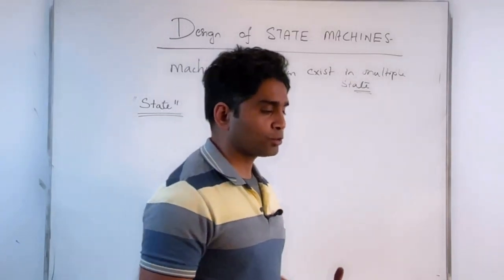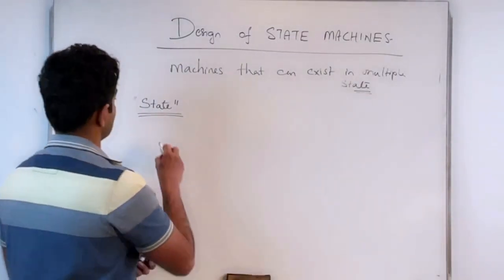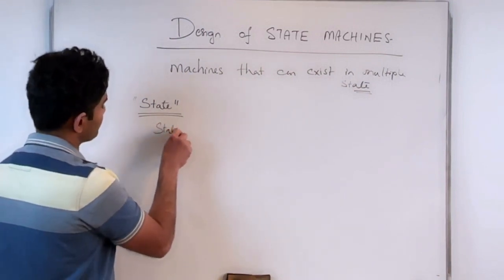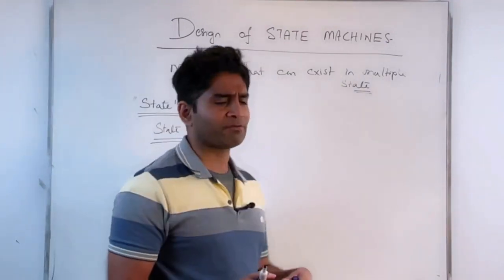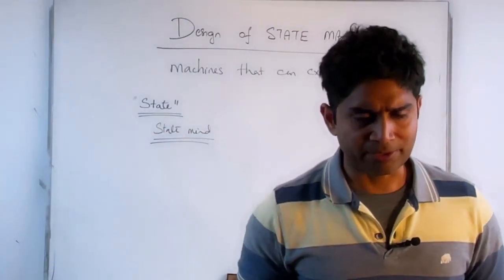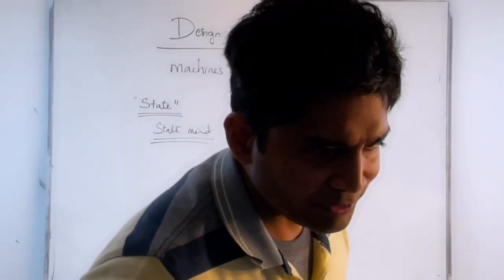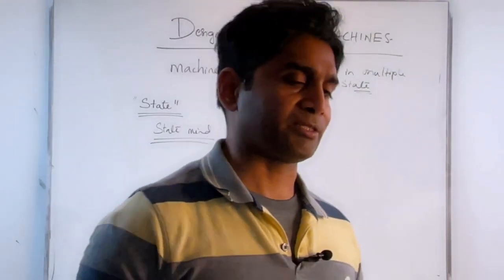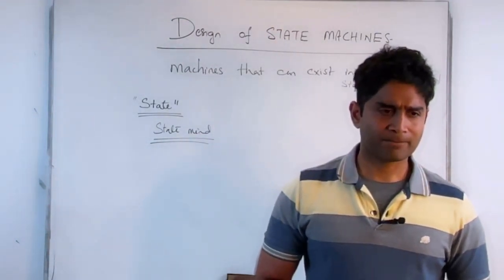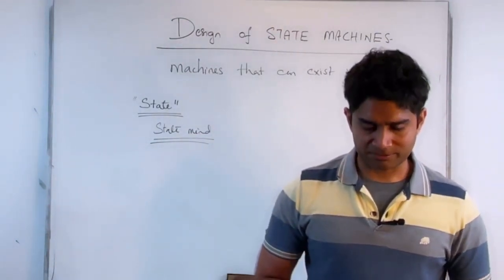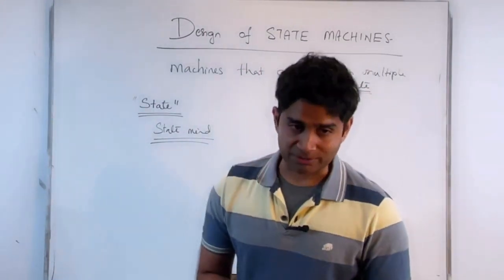When we apply that onto our own selves, we talk about state of mind, right? So, in reference to the state of mind, how would you define a state? Anybody want to go for that definition, or what do you understand by the state? As human beings, we can think about ourselves as state machines, right?